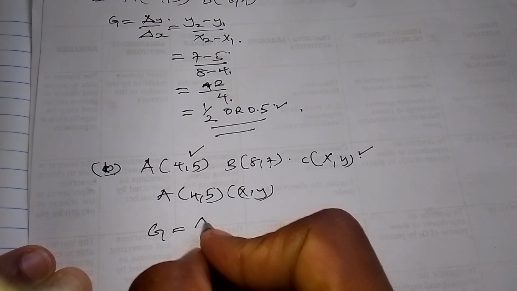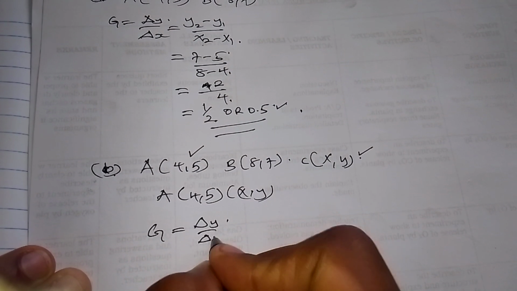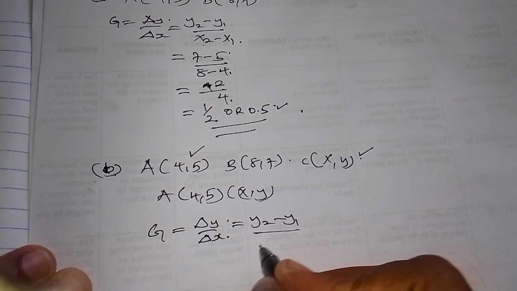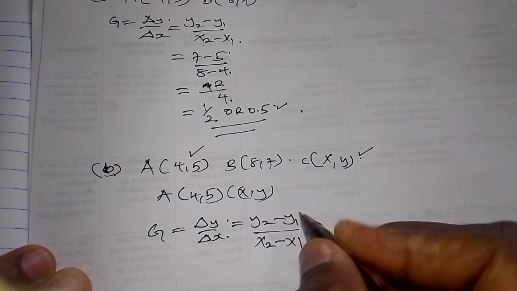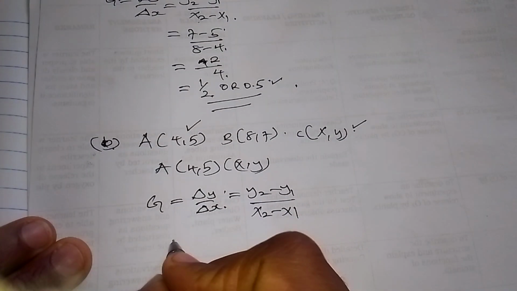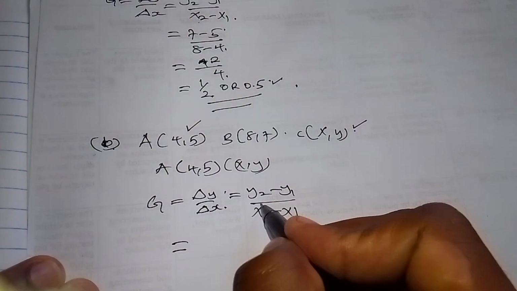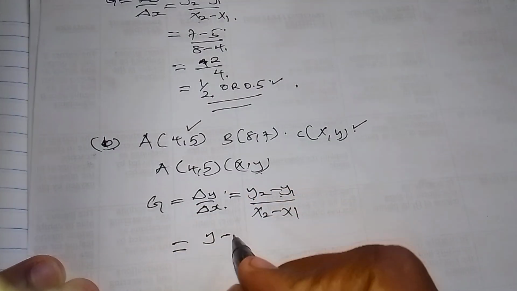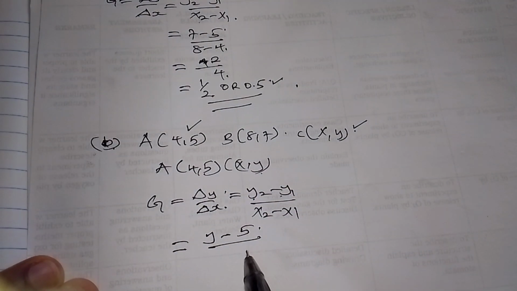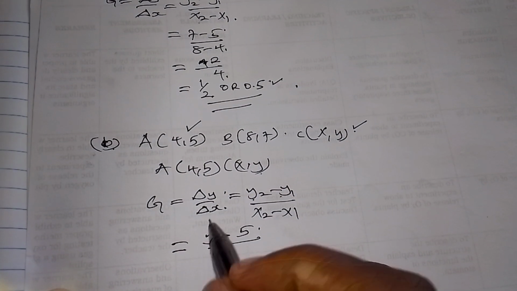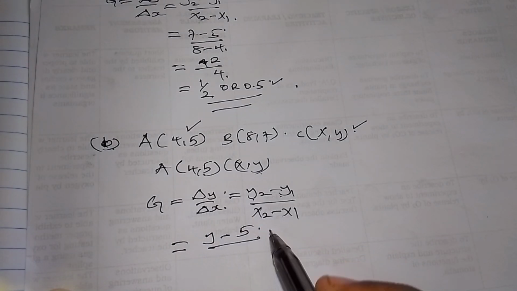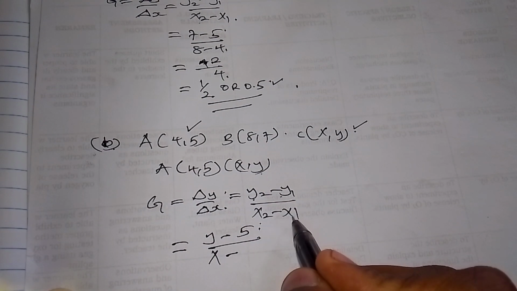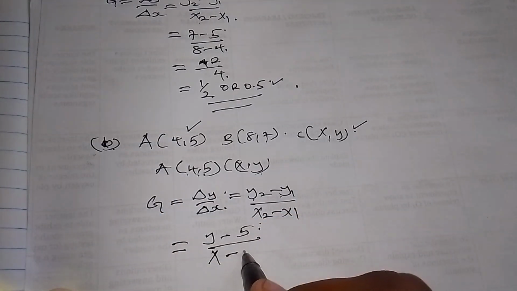Same as the formula that we have just used above. Gradient is equal to change in y all over change in x, which is the same as y2 minus y1 all over x2 minus x1. This can be written as y minus 5 all over x minus 4.